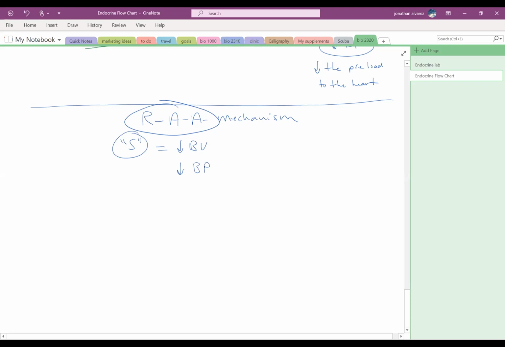So that is what the person currently is experiencing. Now, when you hear this, you automatically know the goal is going to be to do the opposite of this. So now the goal is to get the blood volume up and the blood pressure up, okay?